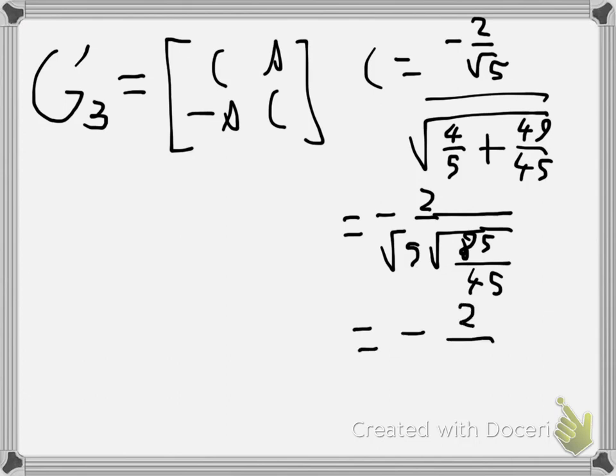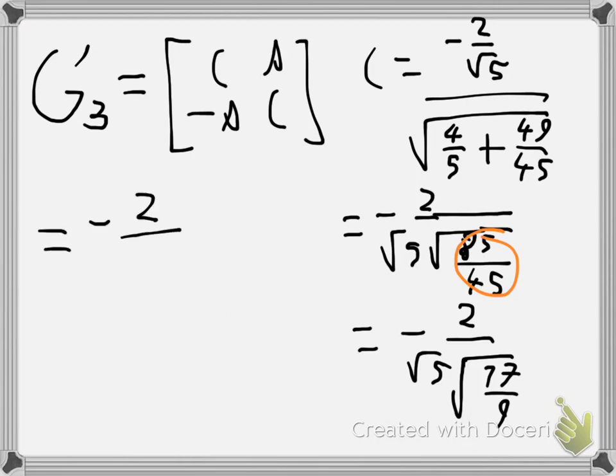If we divide by 5, we get 17 over 9. Okay. And we can rearrange that again.